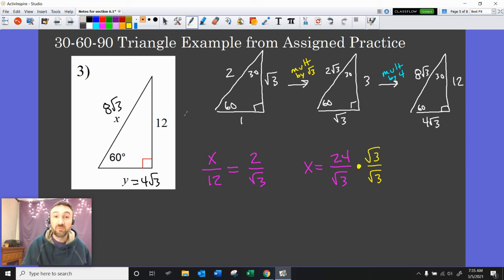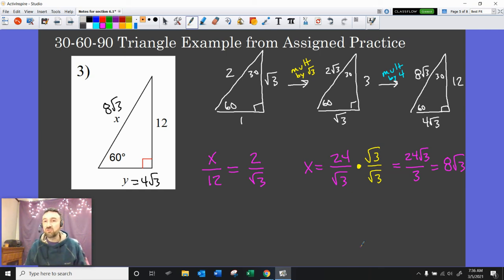In the denominator, we're going to have root 3 times root 3. We already know that that's equal to 3. In the numerator, I can't really combine those two parts, but I can juxtapose them. I can just say this is 24 root 3. And now this fraction has a 24 in the numerator and a 3 in the denominator. 24 divided by 3 is 8. Okay, so that's how we get from a 24 over root 3 to an 8 root 3.